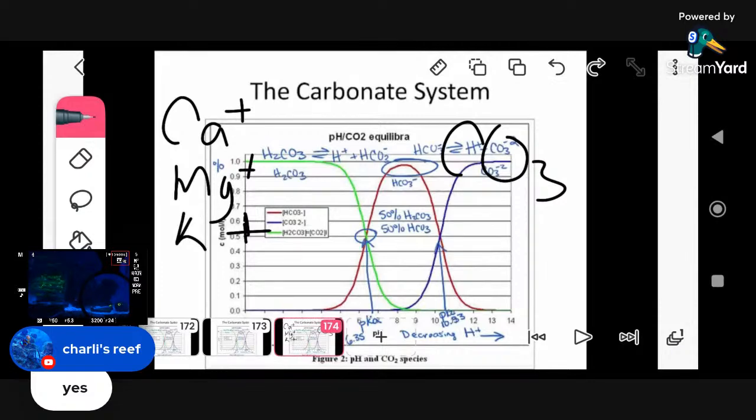So let's say you add some carbonate in the water, right? Depending on the pH, let's say your pH is over here. You add some carbonate in the water, and your carbonate's going to want to go this way.